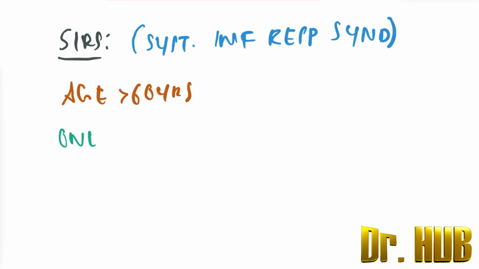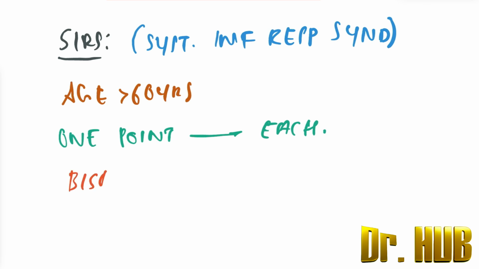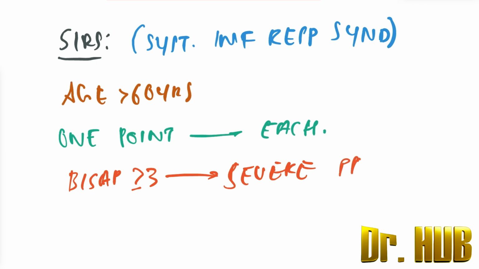A BSAP score greater than 3 indicates severe pancreatitis.